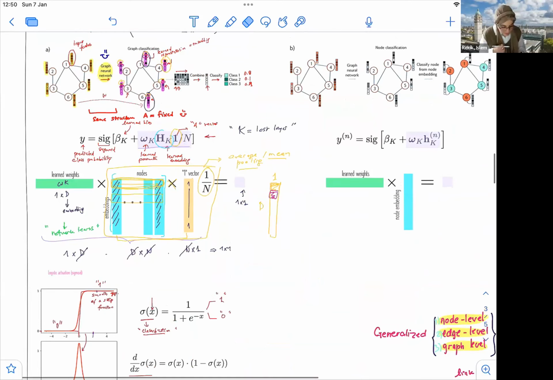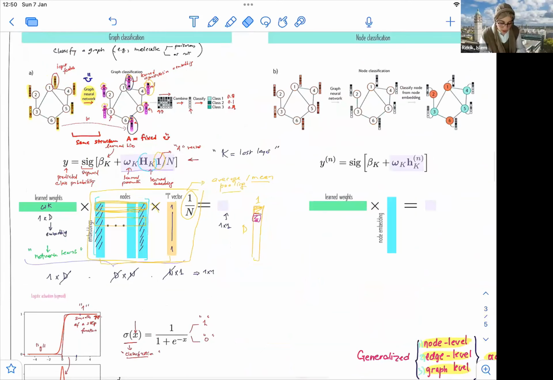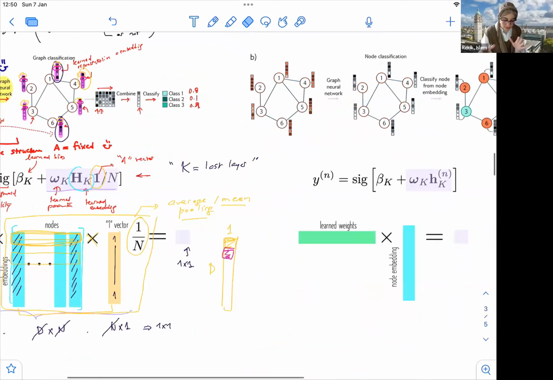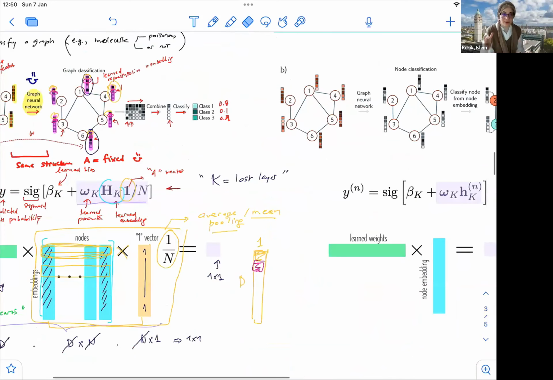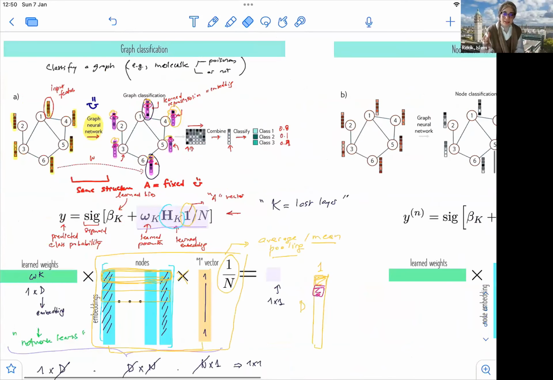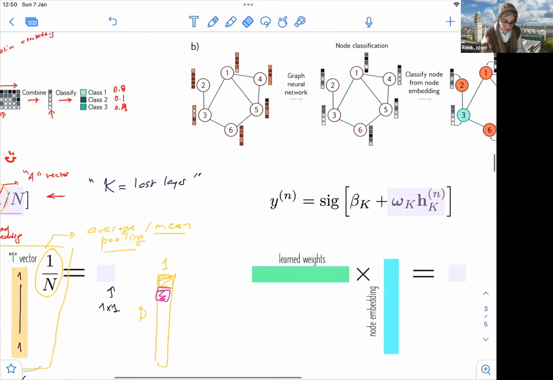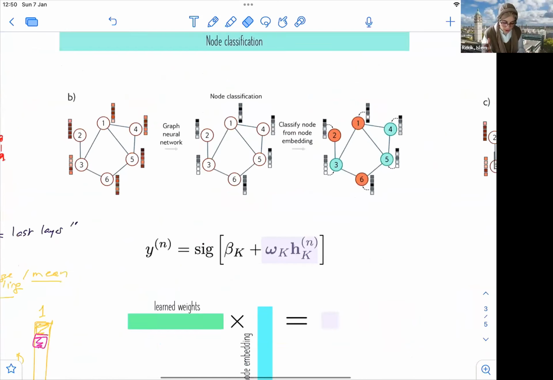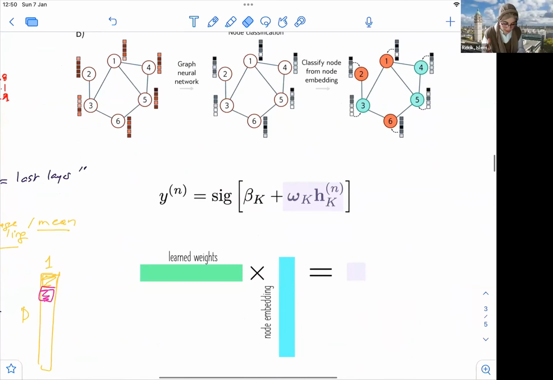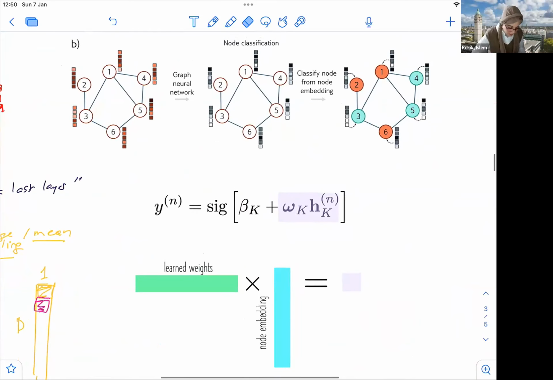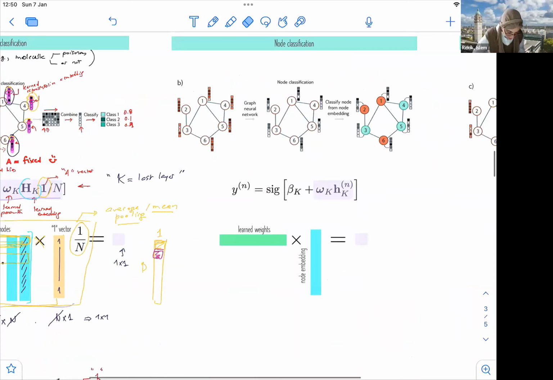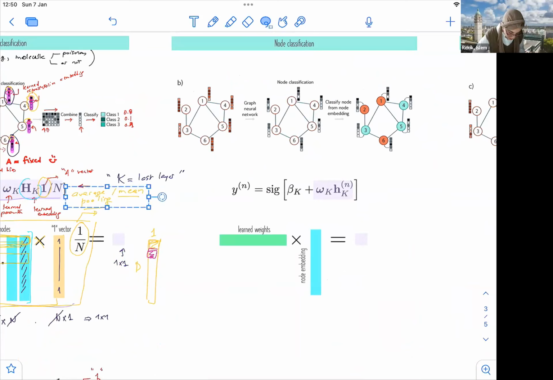And now I think we can easily generalize to graphs. We started with graph classification, and we can easily look at node-based prediction, or node-level classification. Let me move these a little bit further. Average pooling, let's put it over there.